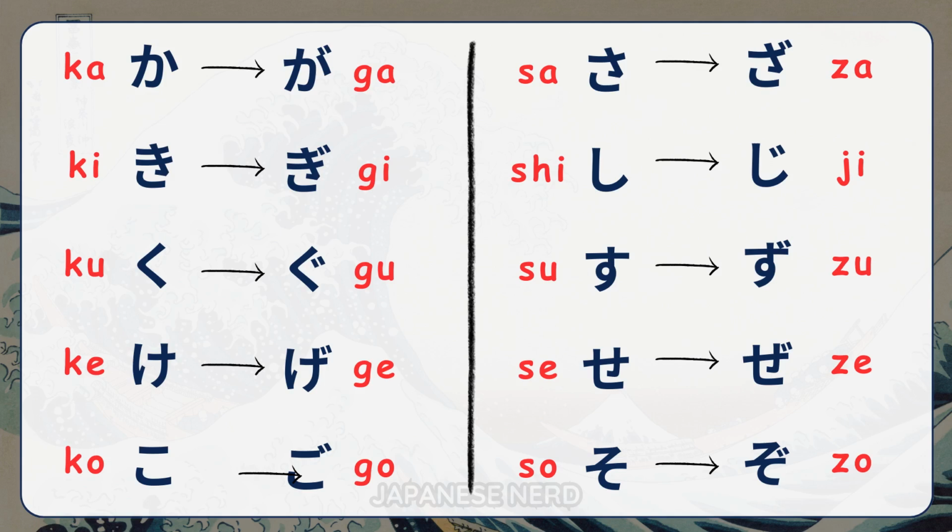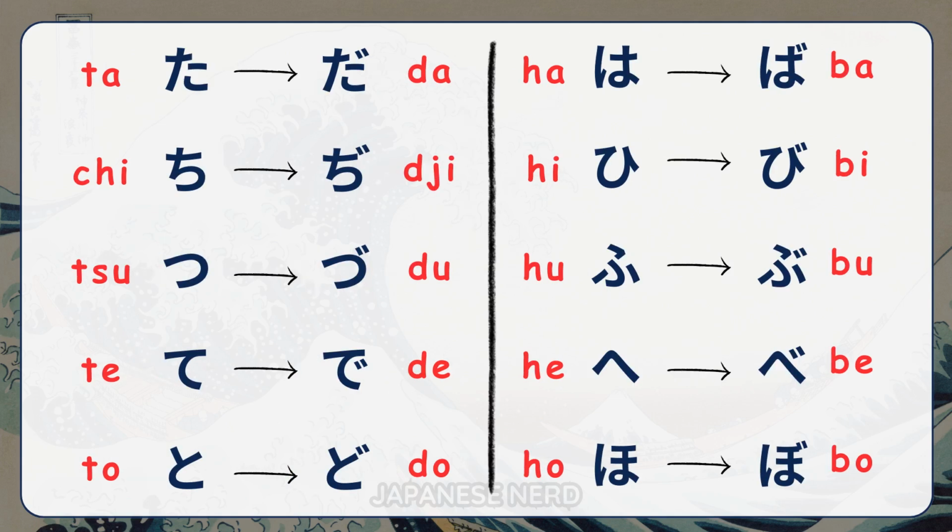Sa character sounds are changed to za character sounds. So sa becomes za, ji, zu, ze, zo, and so on. Ta sound becomes a da sound, whereas ha sounds become ba sound when added the dakuten.